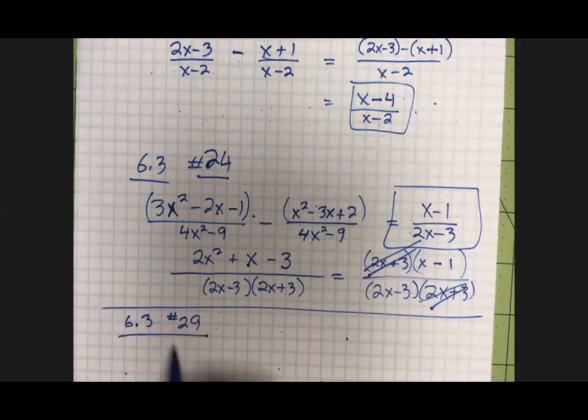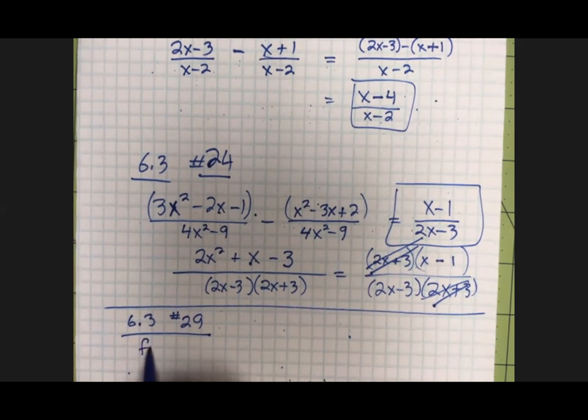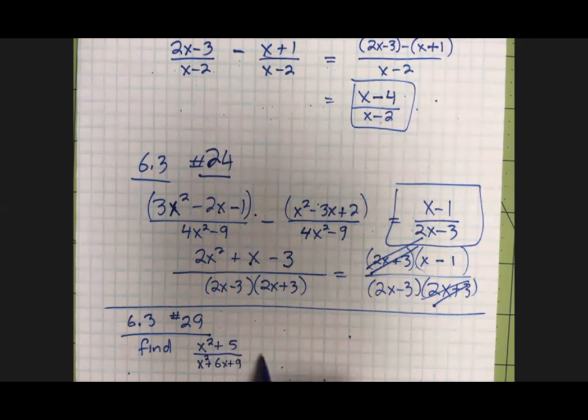Either way, he's going to try to build you up. So first he just says, don't add or subtract them. Just tell me what the common denominator is. Because first, I just have to be able to make common denominators.